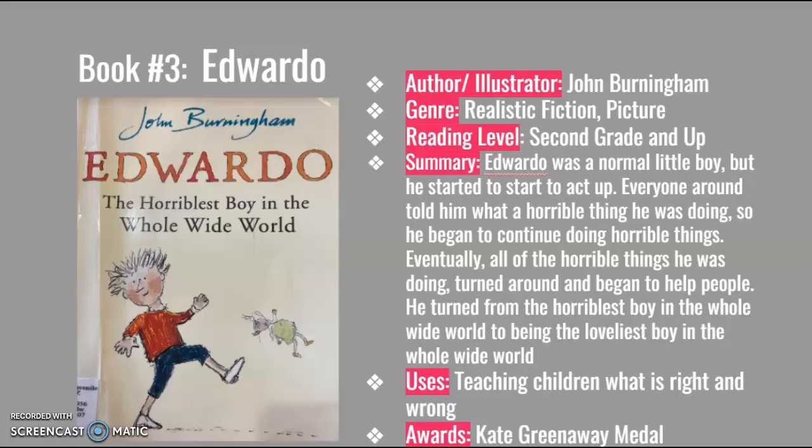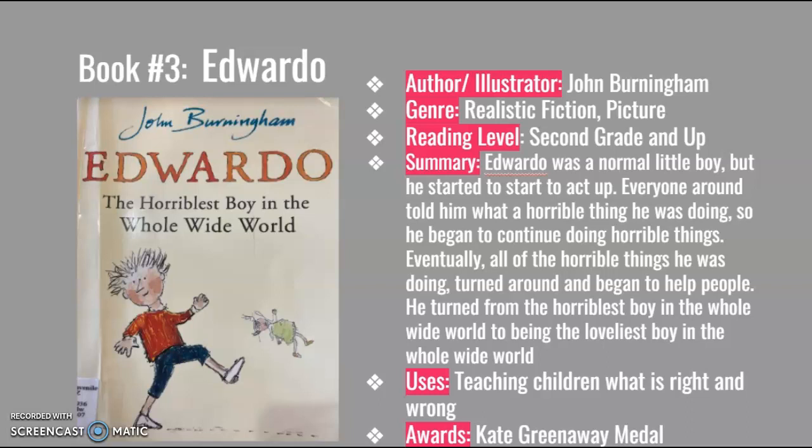For my third book, I have Eduardo, the Horriblest Boy in the Whole Wide World, and the author is John Birmingham. The genre is realistic fiction and picture. The reading level is second grade and up. This is a story about Eduardo, who's a normal little boy. As normal little boys like to do, they start to act up. He was doing horrible things around other people, and it wasn't helping them at all.